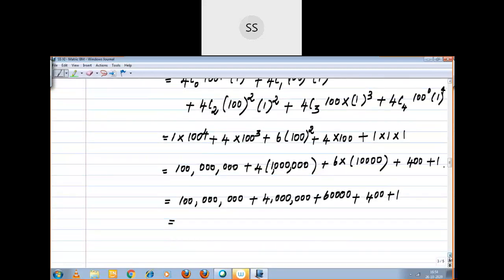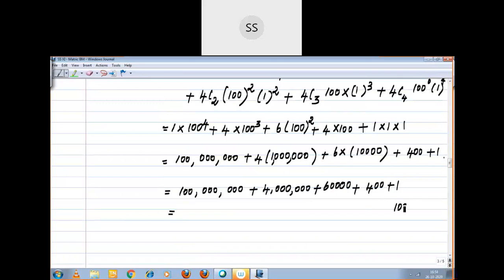Final result, see, 1 followed by 8 zeros, next 4 followed by 6 zeros, next 6 followed by 4 zeros, then 4 0 0 1. So your result is 104060401.